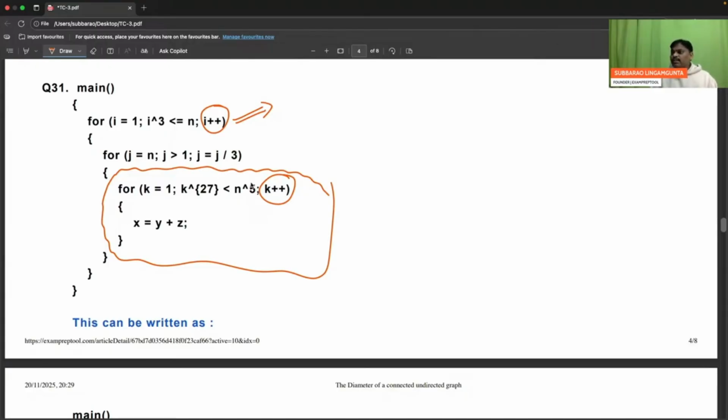I is not incrementing as I power something, it is always plus 1, plus 1, plus 1. J is always decrementing, dividing by 3, by 3, by 3. J started with a big number and is always divided by 3. If you always divide by 3, you know very well, it is log n base 3. It is always going plus 1, so it is actually time complexity n only.